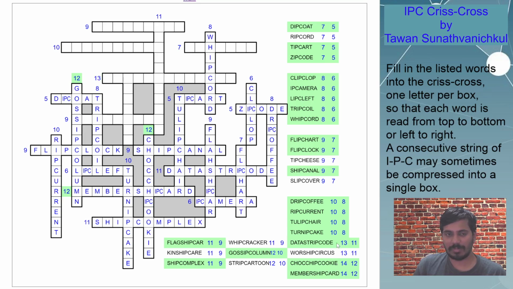which is worship circus. I don't even need to look at anything else, and I can just put this worship circus, right, and then just mark it here. Now again, for example, this size 10, there's only one word in this word list which can be of size 10, which is strip cartoon.